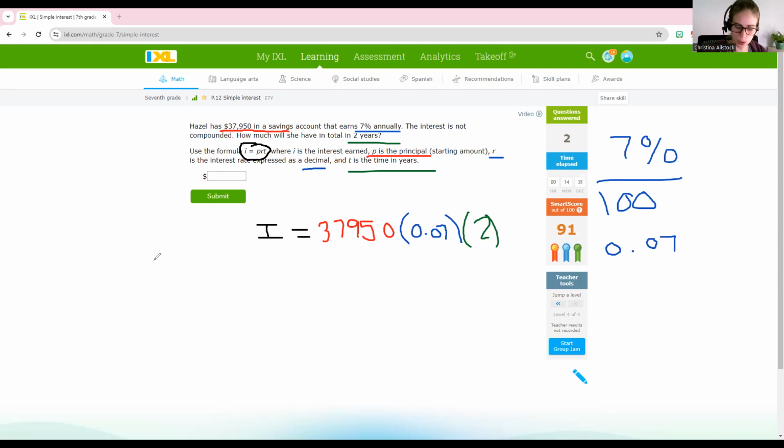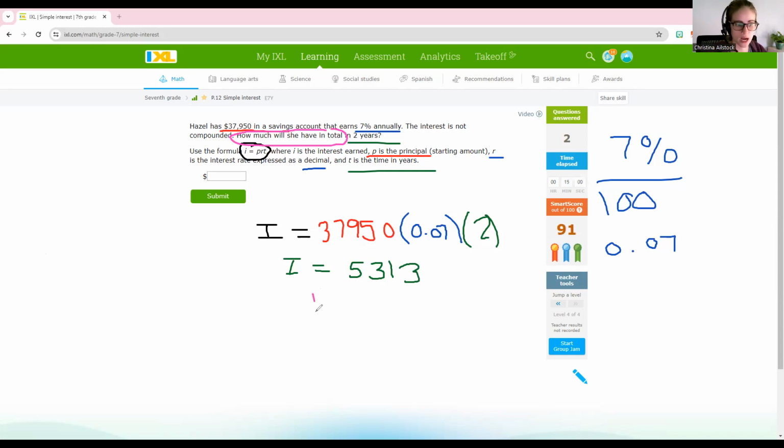What do we get when we multiply that out? 37,950 times 0 and 7/100 times 2 is an interest of $5,313. All right, let's read the question, see if we're done or not. It says, how much will she have in total?